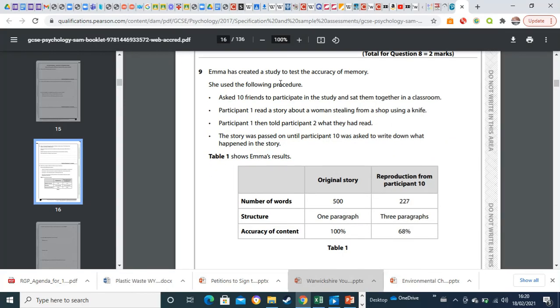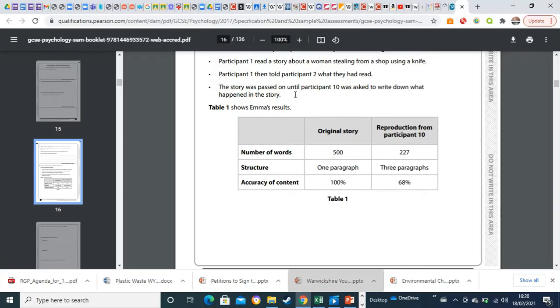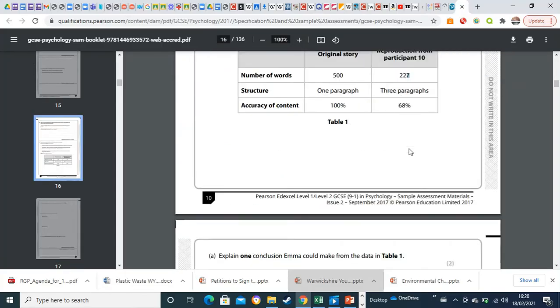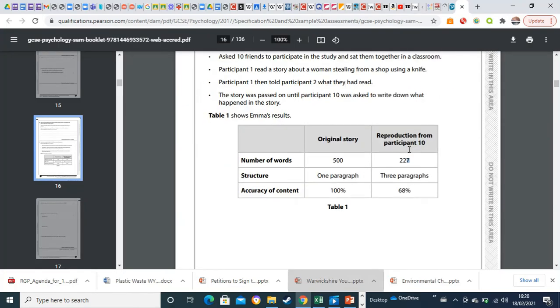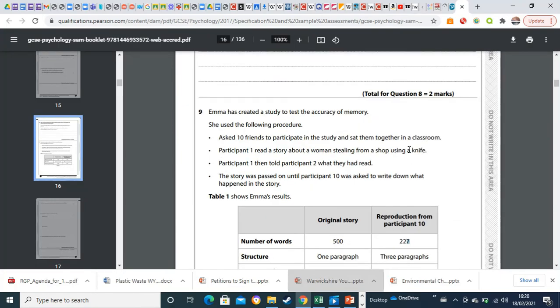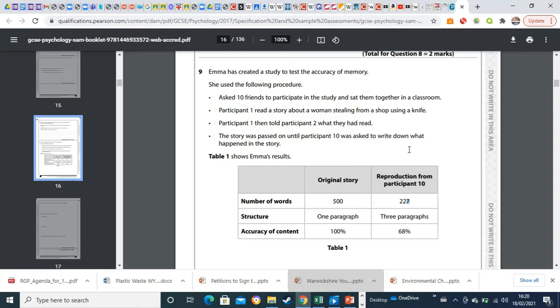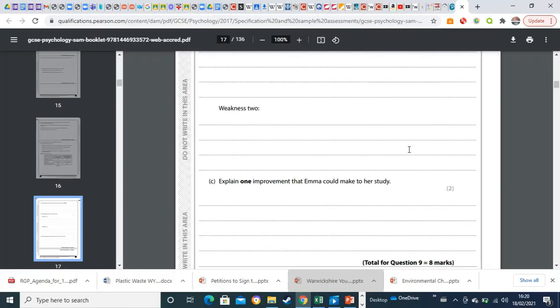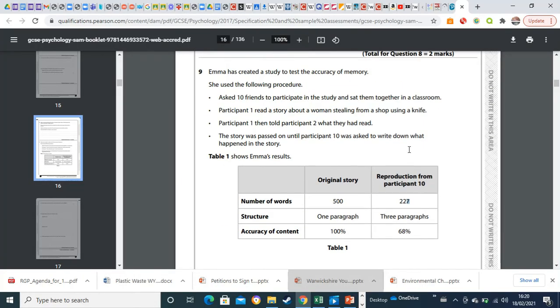Emma has created a study to test the accuracy of memory. This is another stats question. Ten friends read a story.